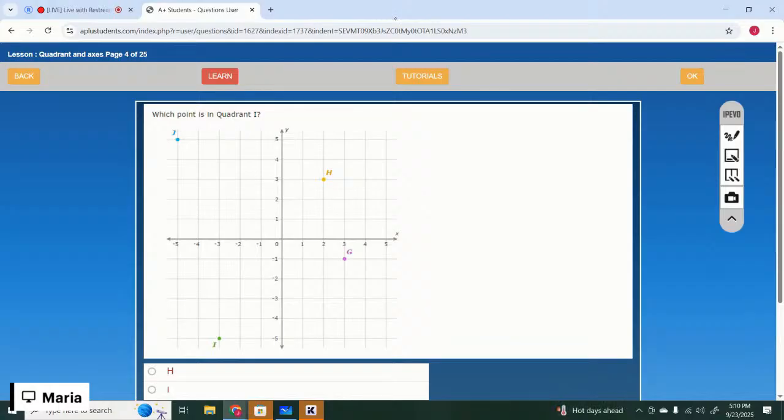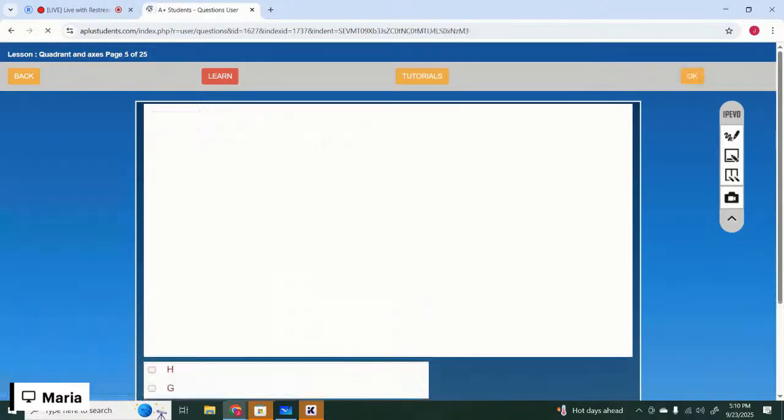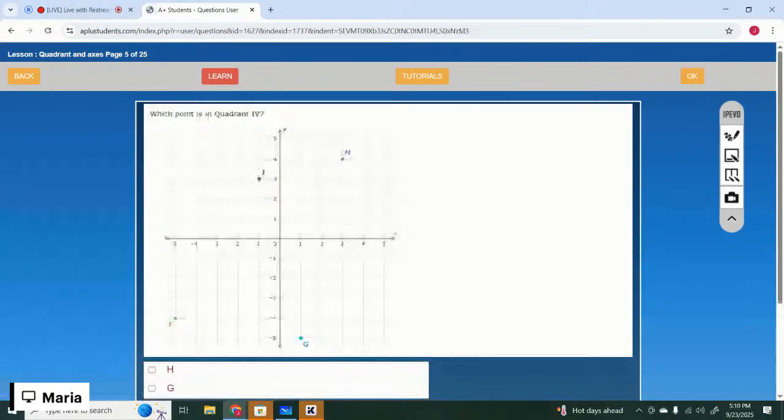Which point is in quadrant 1? Very good. H is in quadrant 1. Option number 1 is the correct option. Which point is in quadrant 4?